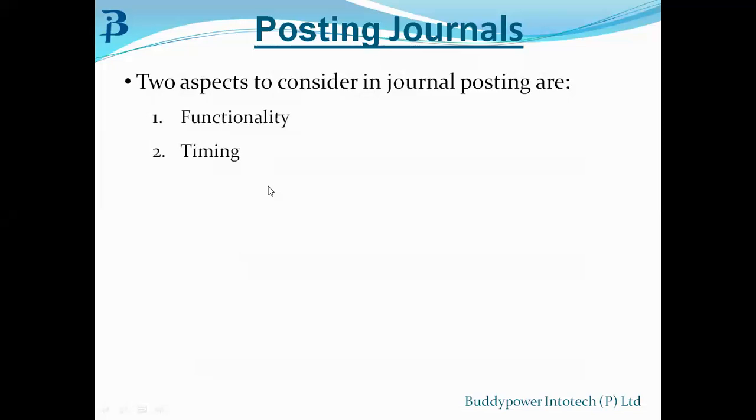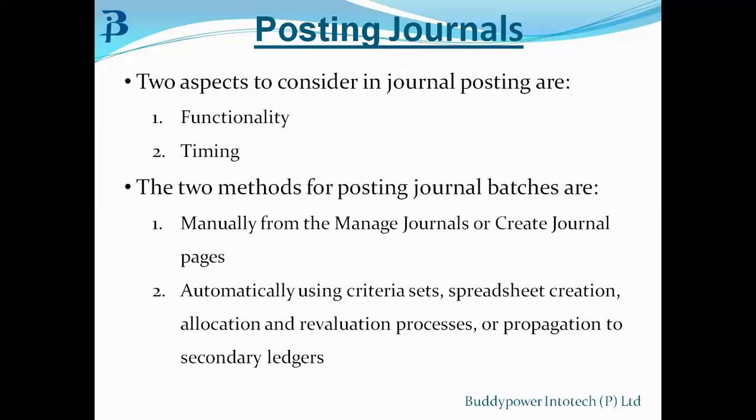Then comes your two methods for posting journal batches, which are manual and automatic. Manually, from the journals or create journal pages, you click the post button during the creation process. You use this method for manually created journals, and for manual posting after an error correction. As I already mentioned, if there are any corrections to be done, you usually do it through manual entries.